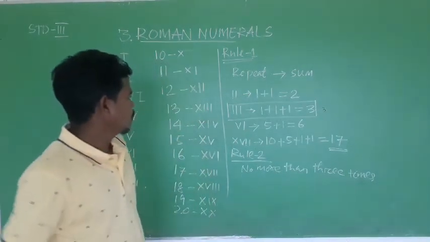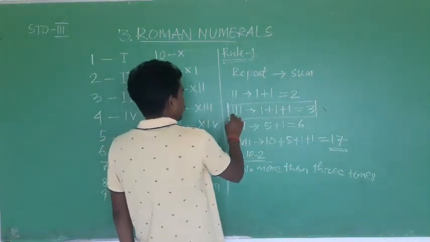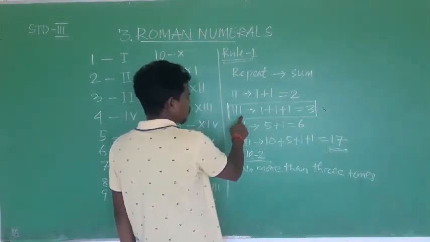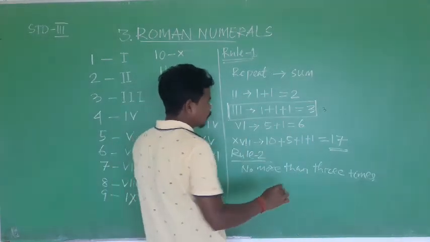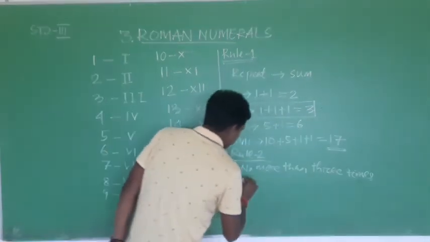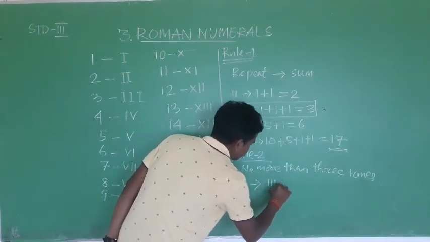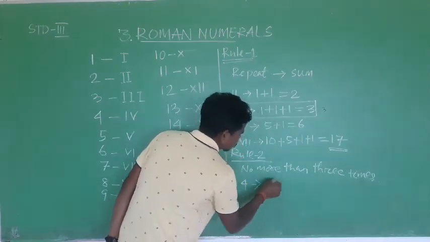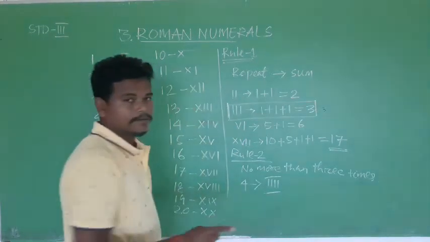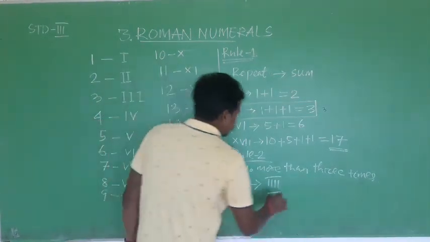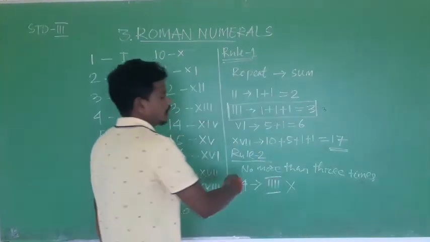Okay, you see this one. 1, 2, 3. We cannot write 4 as IIII. Okay, 4 cannot be written like this.